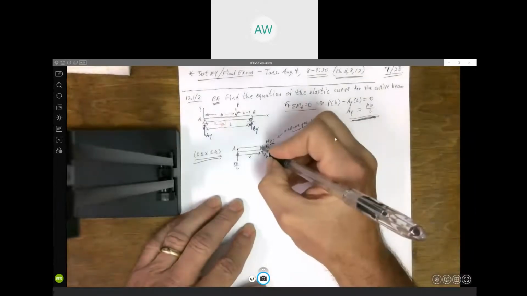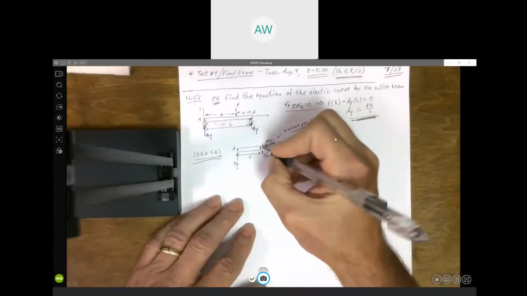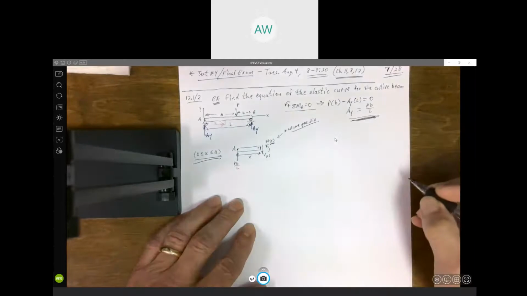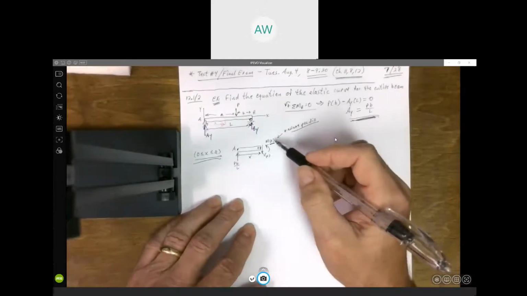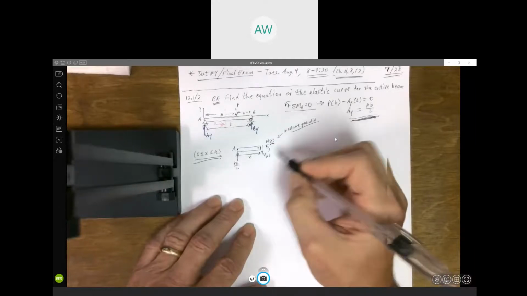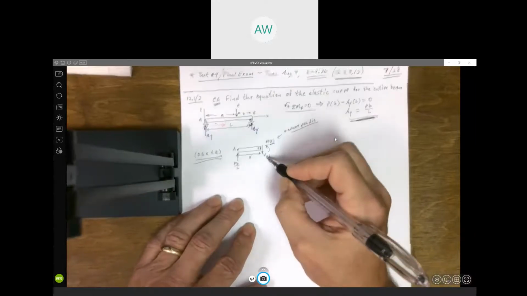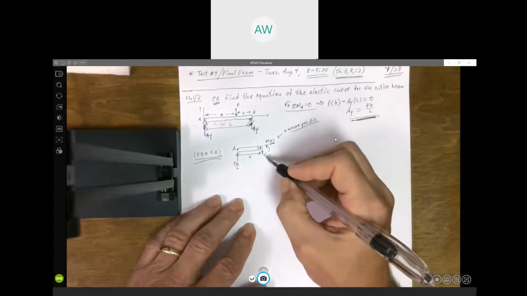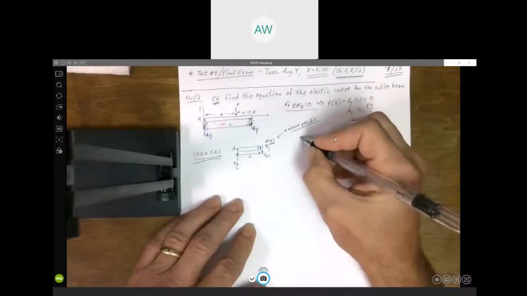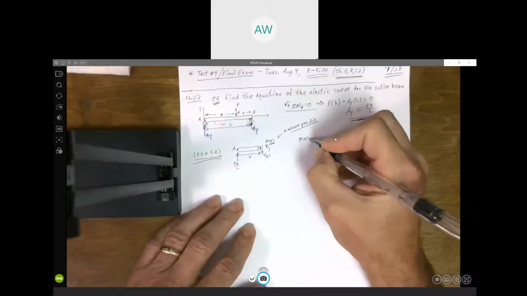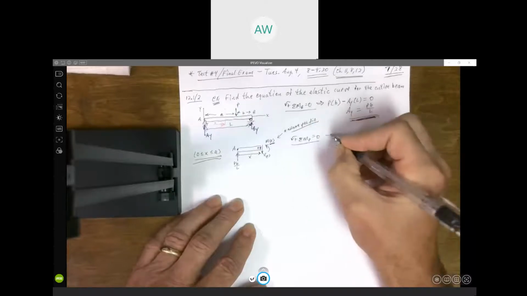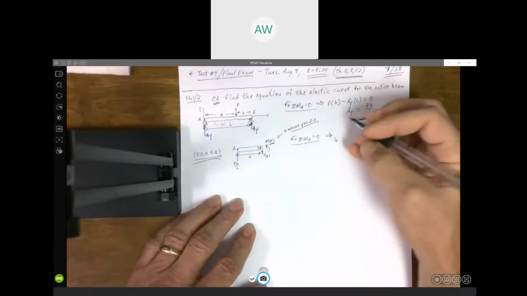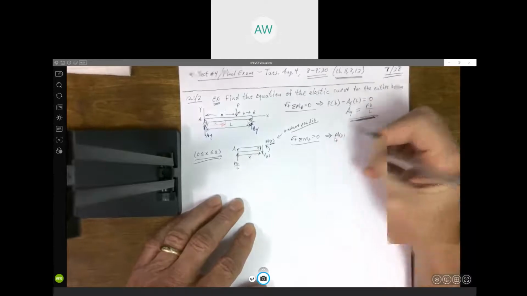So I'll sum the moments about this point where I cut it, and we're going to call it P. As I mentioned yesterday, the motivation for that is if we sum the moments here, we don't have to solve for our shear force Vx. So sum the moments about that point P. I've got the internal moment that I'm trying to calculate.